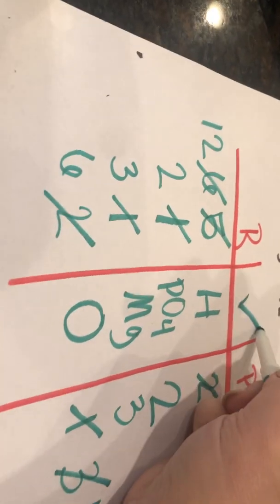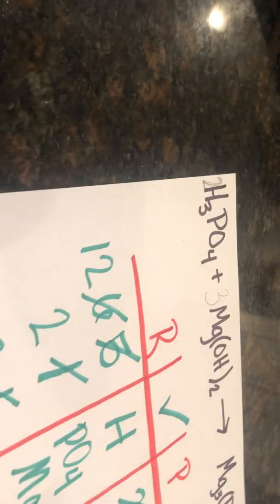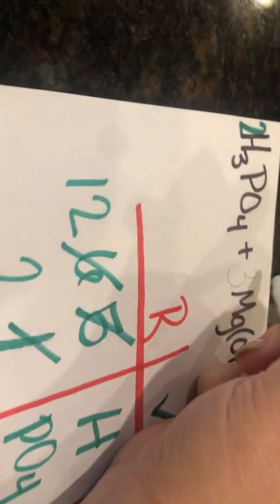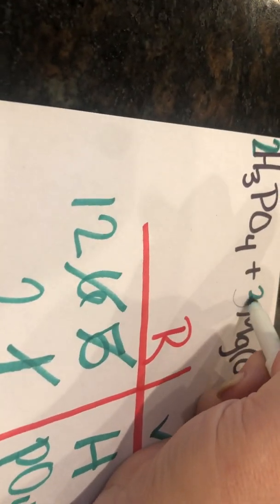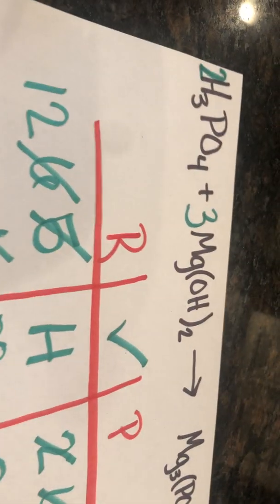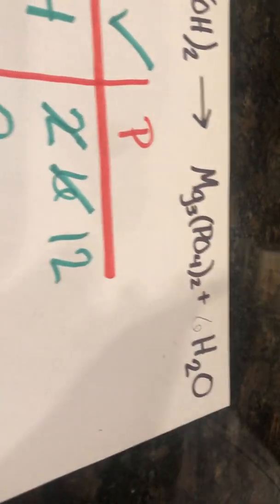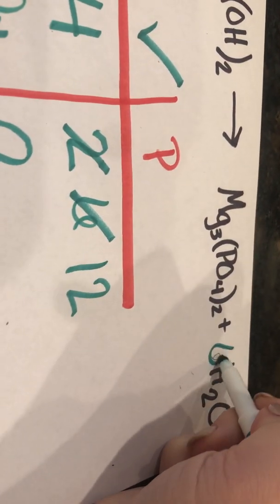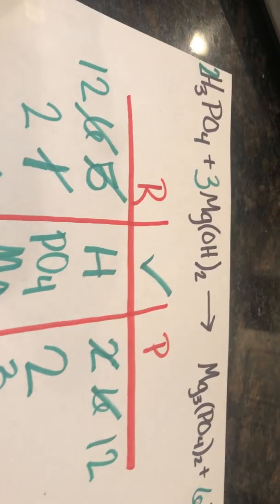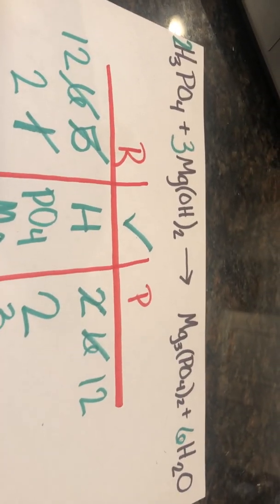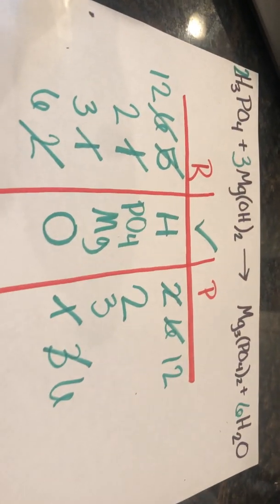This is a balanced equation now. So you would go into your slide and put in a 2 before H3PO4, a 3 before Mg(OH)2, and this one is left blank because it's still just one molecule of that, and then a 6 before H2O. And that is how you balance an equation.